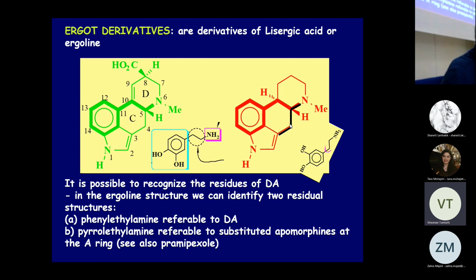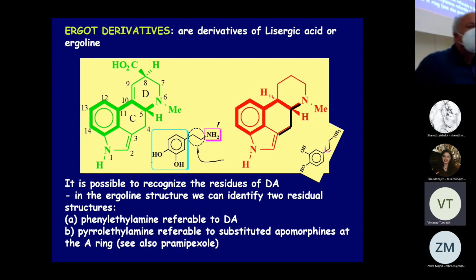Nitrogen atom, ethyl chain, aromatic ring with a group able to give hydrogen bond. So the scientists identified two different parts of the molecule which have the same chemical features of the active conformer of dopamine.